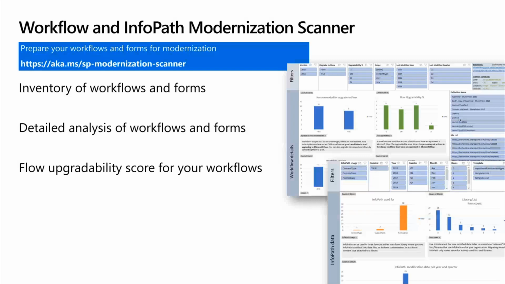And I do want to say that this is an open source product. We have customers taking this open source product and customizing the tool for workflows and InfoPath to include some of their specific deployments and specific controls that they have built and specific use cases they think matters to them when it's considering which workflows are important, which InfoPath forms are important.